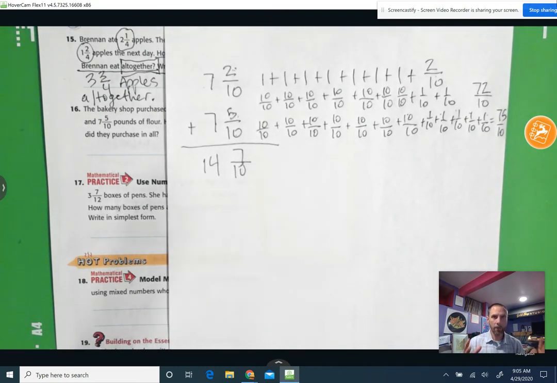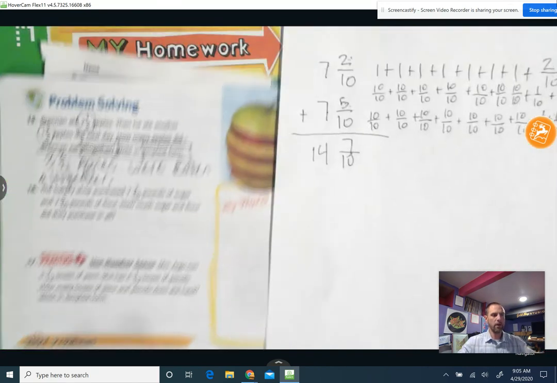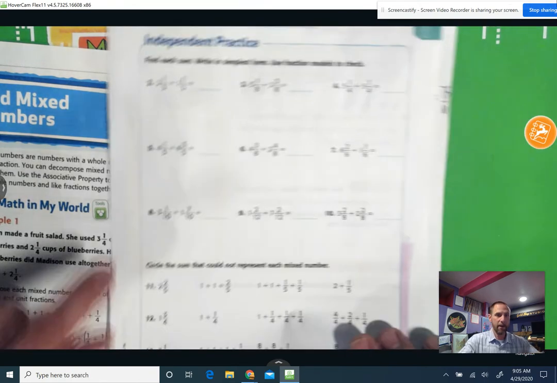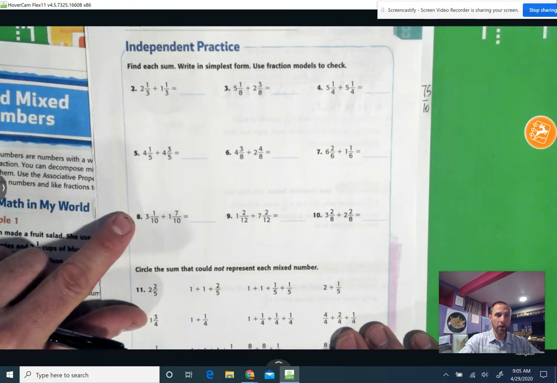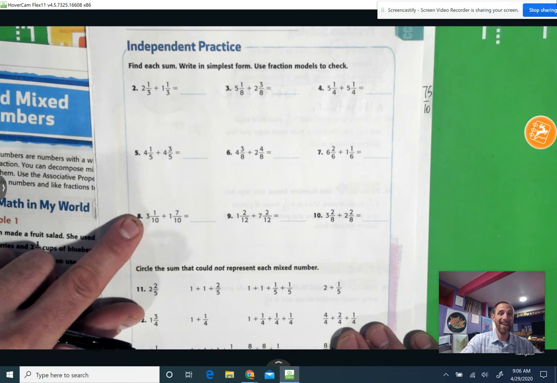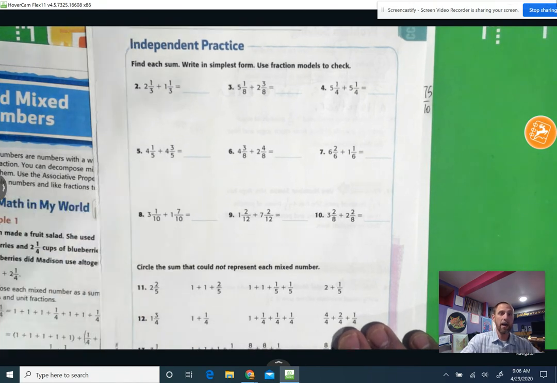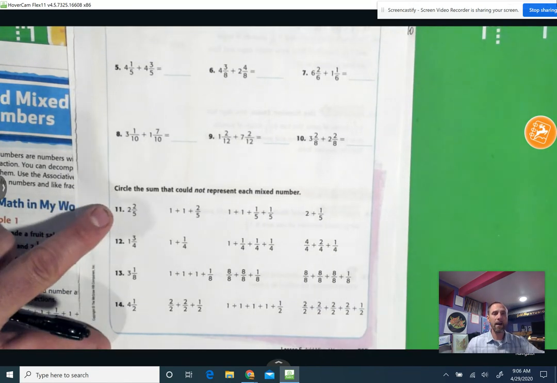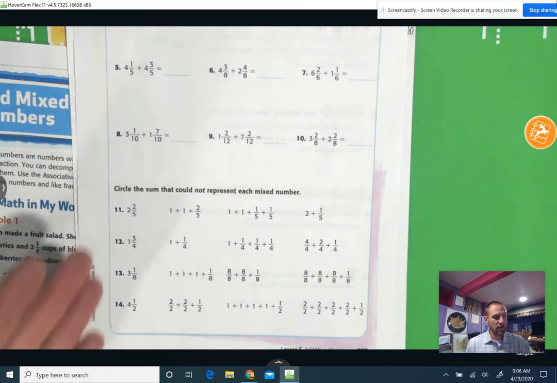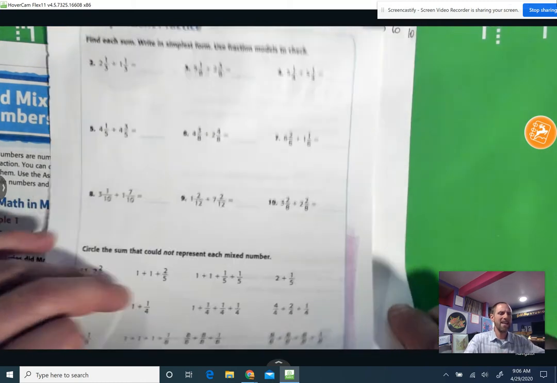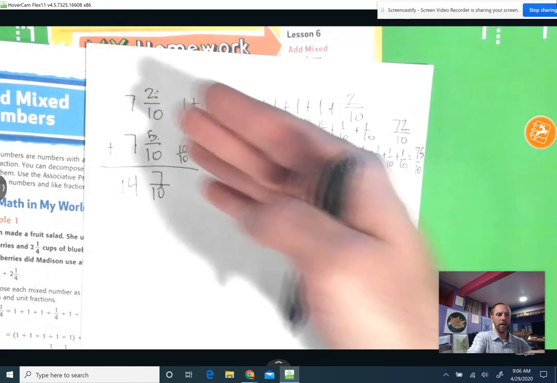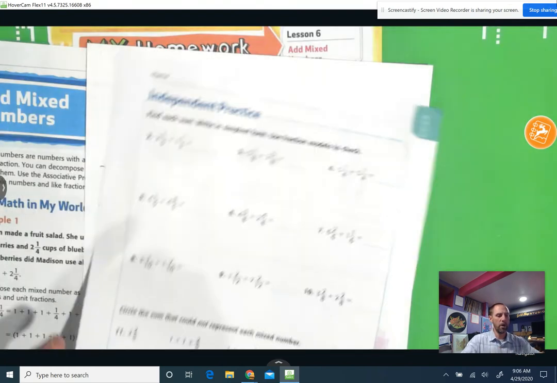But if you remember to take a look at each one of your example problems, and you stack them on top of each other, add your whole numbers, and then add your fractions, you're going to do okay. Here at the bottom of your independent practice, Mrs. Smith, Mr. Schnetz's class, this is where you're going to need the skill of your unit fractions, okay? How each one of the mixed numbers is decomposed.